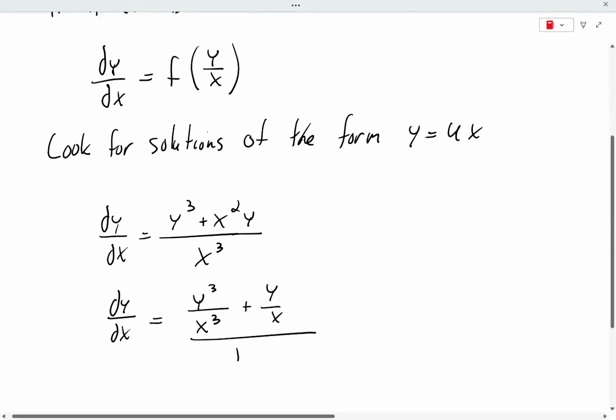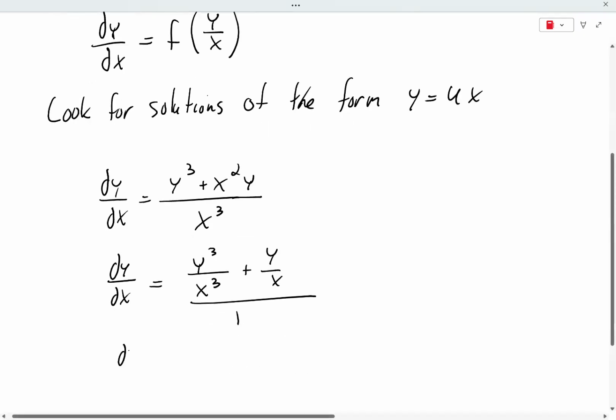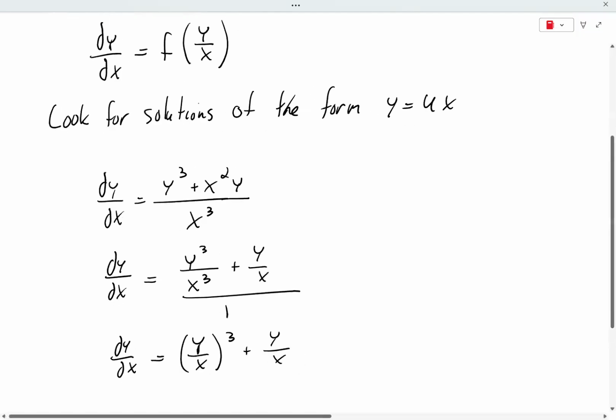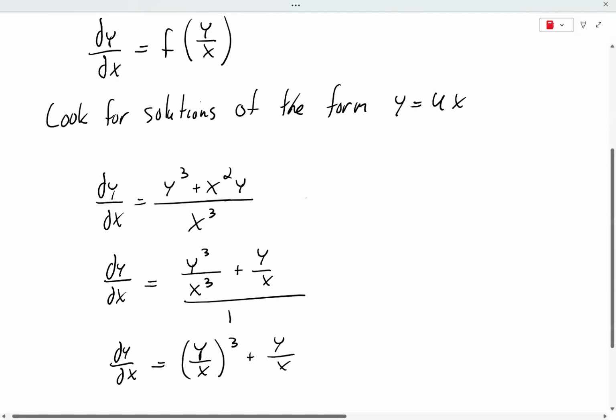If you divide this one by x cubed, and this one by x cubed, and this one by x cubed, it reduces down to this. Then you get dy/dx equals, and you can write that as (y over x) to the third plus y over x, by exponent rules. So for this particular equation, this is a homogeneous differential equation, because you can write the right side like this. Anything so far?